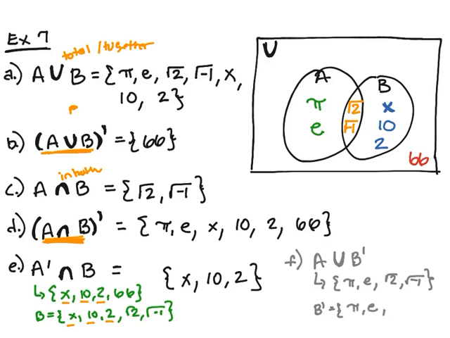Which would be pi, E and 66. Now, what you call union means all of it. So what would that be? Now I got it written down there for you. What would all of it be? Because that's what union means, all of it.